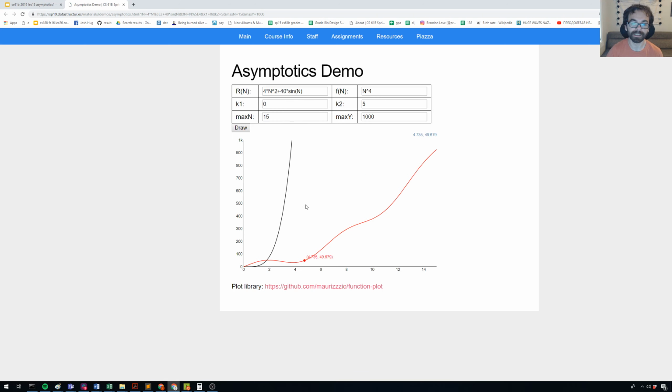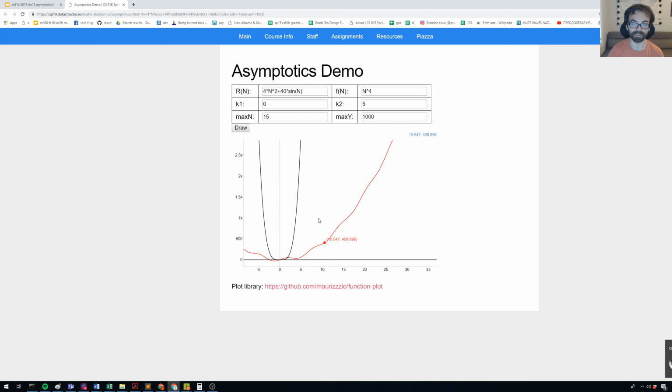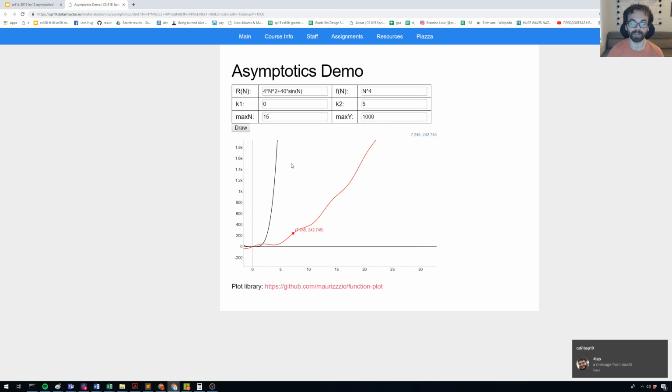For example, let's consider this visualization of the function 4n squared plus 40 sine n. In red, I have the actual function r of n, and we see that at first it is bigger than my upper bound, but eventually for a large enough n, it is smaller. All I'm saying there is, this function grows more slowly than n to the fourth.